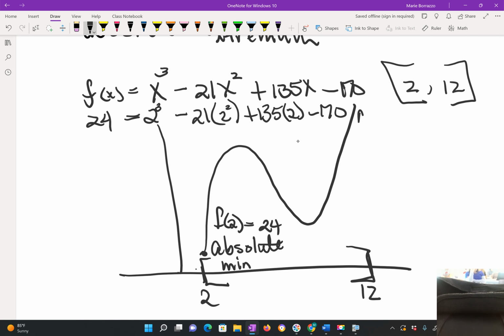Absolute maxima, I'm going to put ABS max, is when you're looking at f of 12, which is equal to 154. Now, I need you to pay attention because the devil is in the details in this section. The fact that these are inclusive is what makes those endpoints important.